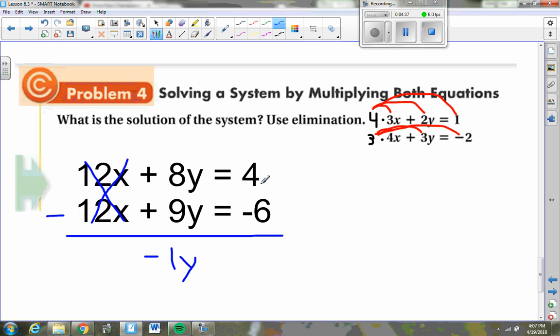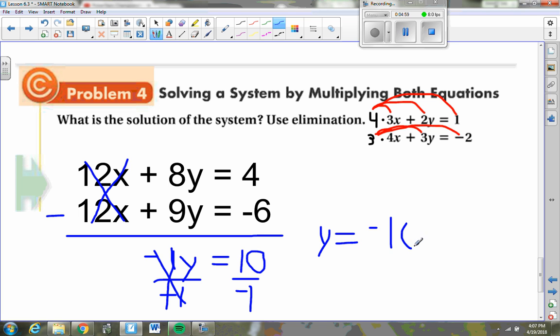And in terms of numbers, I have 4. Take away a negative 6. 4 take away negative 6 is actually a positive 10. So I get negative 1y equals 10. And if I divide by negative 1, that goes away. I divide this one by negative 1. I get that y is equal to negative 10.